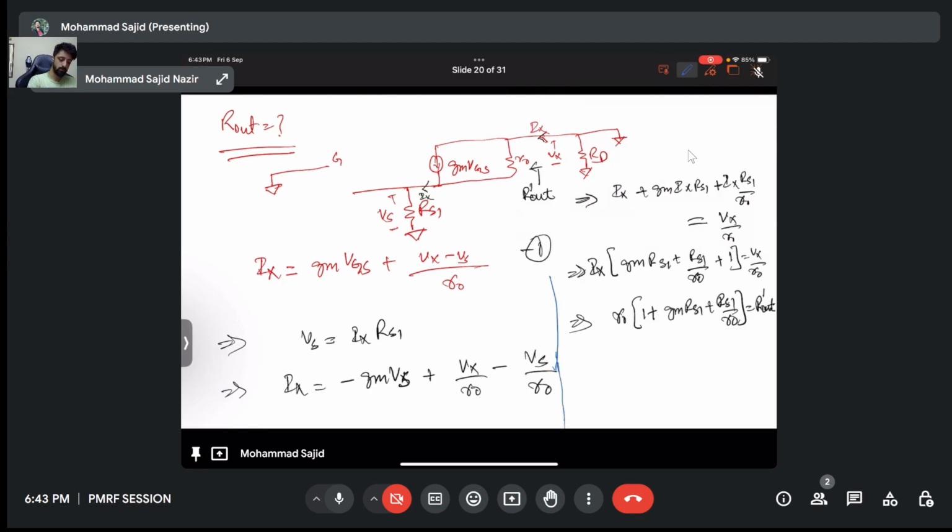This is my total R out, R naught plus Rs1 plus GM R naught Rs1.